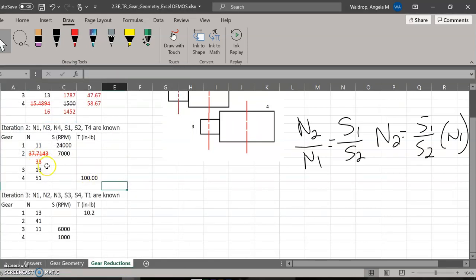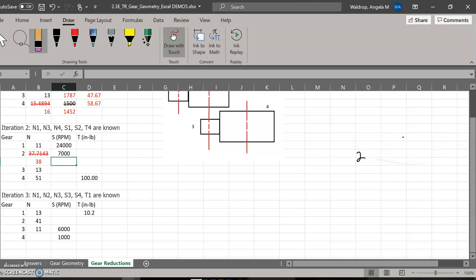Okay, now that I've done that, I'm going to have to do the same thing for this. I'm going to have to recalculate that. So I'm going to write another equation over here for my S2. S2 over S1 is going to equal N1 over N2.